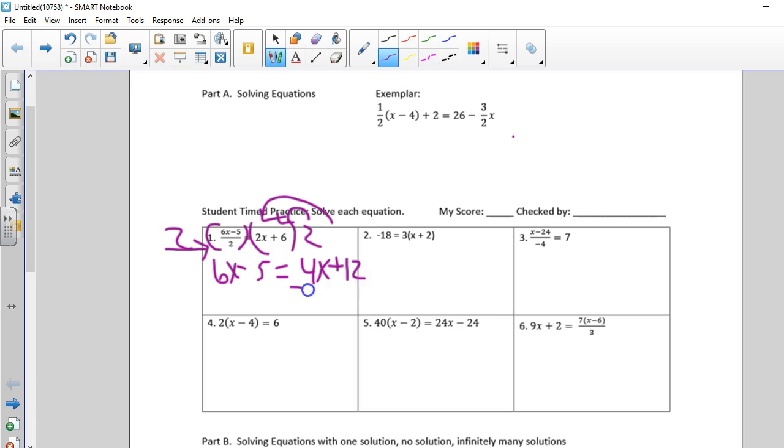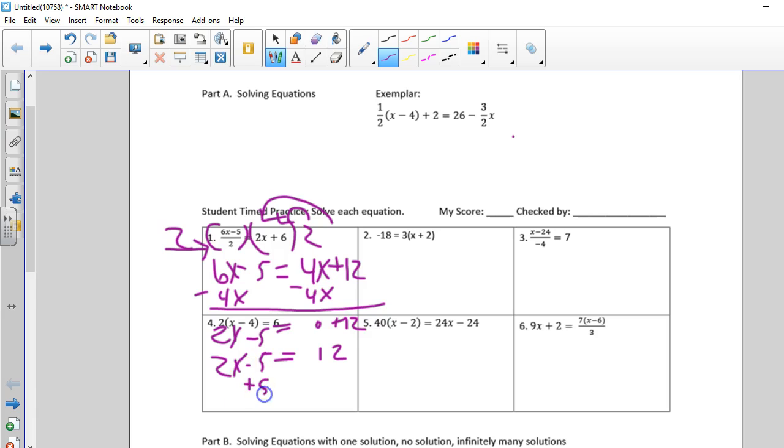Now, eliminate the variable from the right side, because 4 minus 4 is 0, so that leaves 12. And on the left side, 6x minus 4x is 2x. So we end up with 2x minus 5 equals 12.